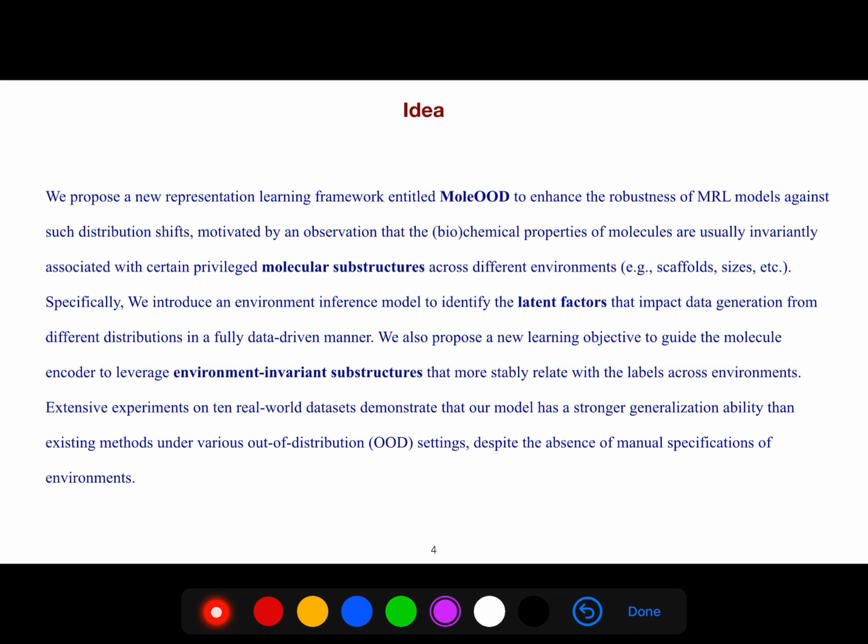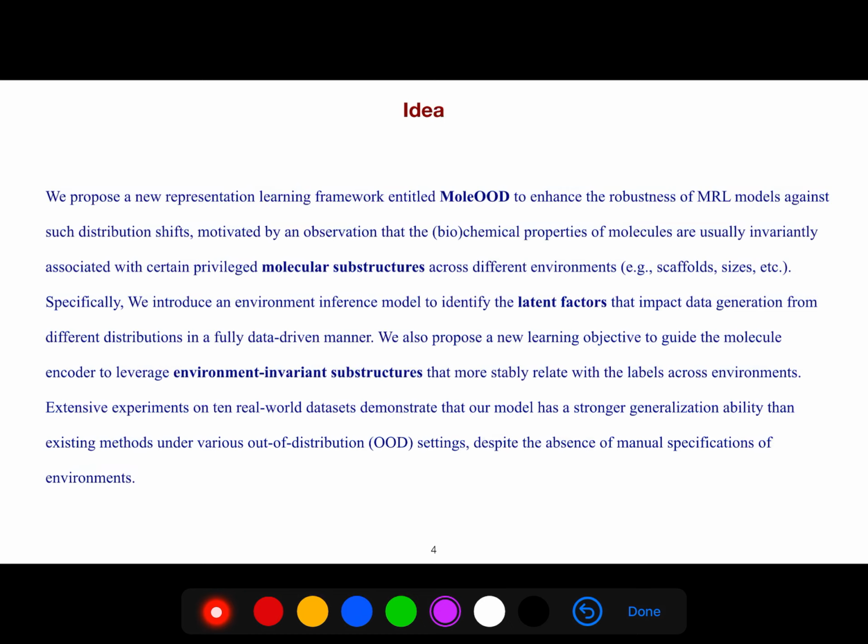We propose a new representation learning framework entitled MOL-OD to enhance the robustness of MRL models against such distribution shifts. Motivated by an observation that the biochemical properties of molecules are usually invariantly associated with certain privileged molecular substructures across different environments, such as scaffold, sizes, and etc. So we introduced an environment inference model to identify the latent factors that impact data generation from different distributions in a fully data-driven manner.